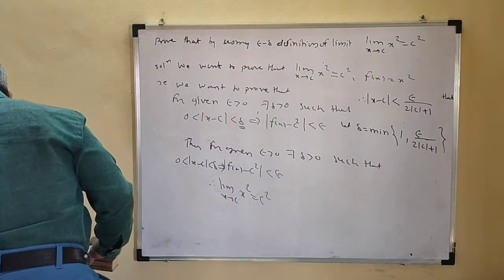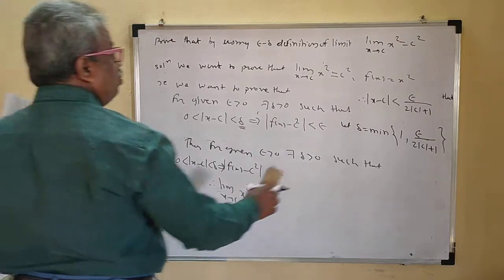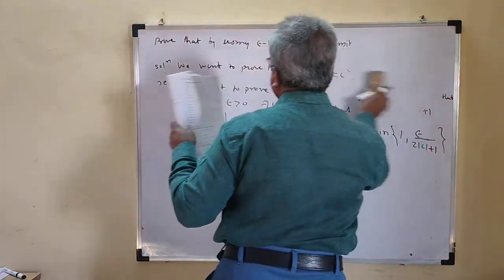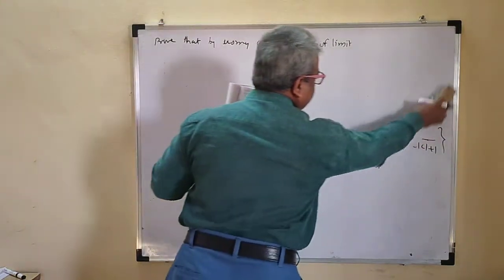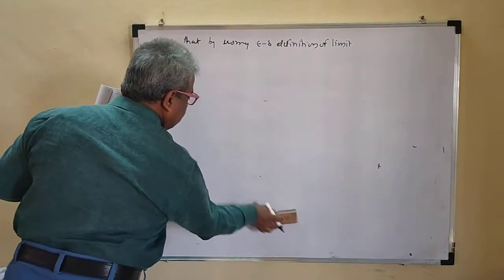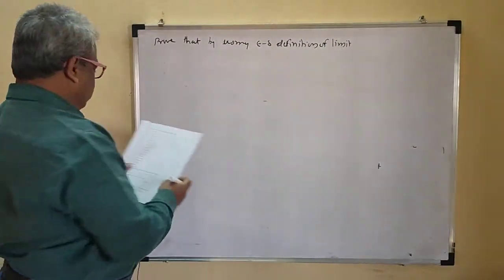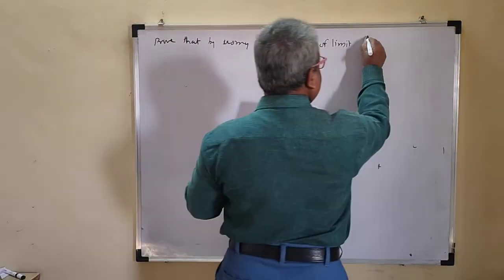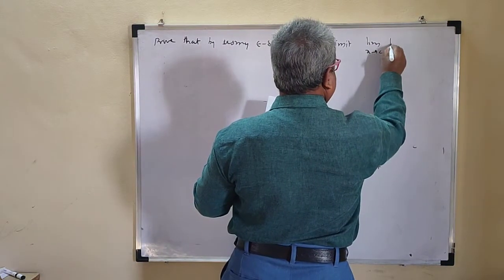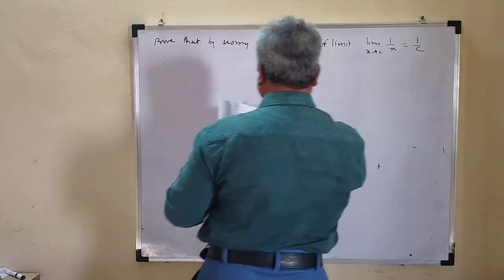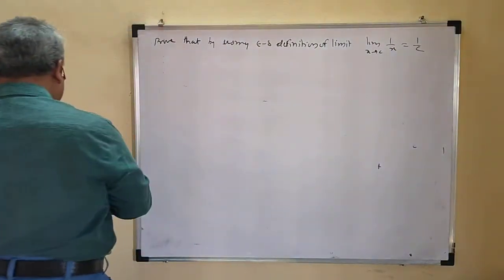Next we will prove, we'll take a number of problems so that you will understand the epsilon delta definition of the limit. So limit x tends to c, 1 upon x is equal to 1 upon c. This we have to prove.